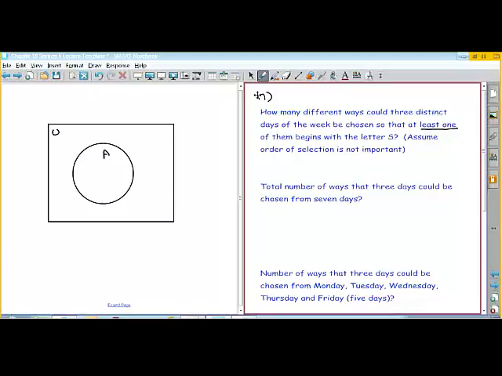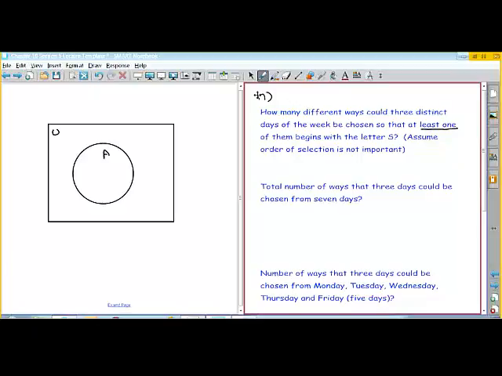So we're going to figure out the total number of subsets of 3 days out of 7. That'll give me the total amount. Then I find the number of subsets where I have no days that start with an S, because that's the opposite of at least one. At least one means you have 1, 2, 3, 4, but the opposite is none. Okay, so that's what we're going to do.